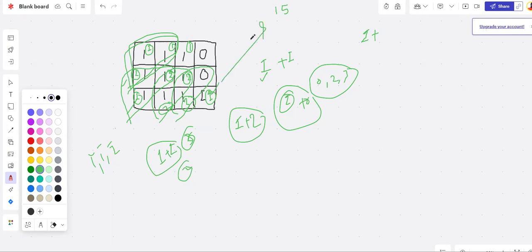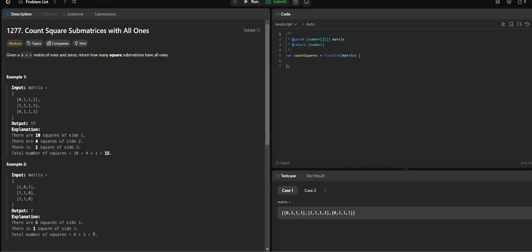So now we can pretty easily code this. So let's go ahead and see how we can do that. We just need one variable, let total squares, let's initialize it with 0, and let's iterate our matrix now.